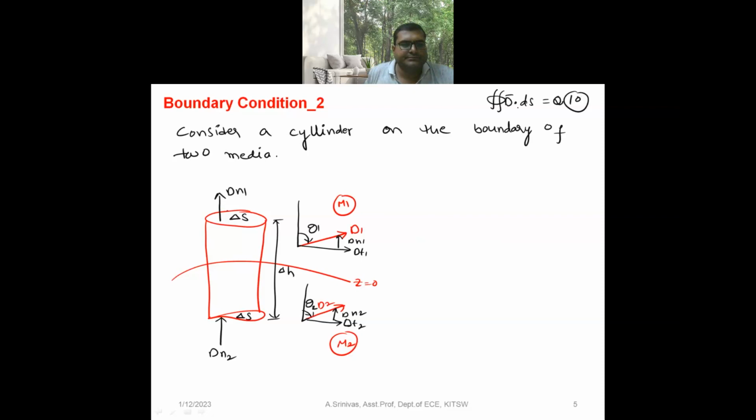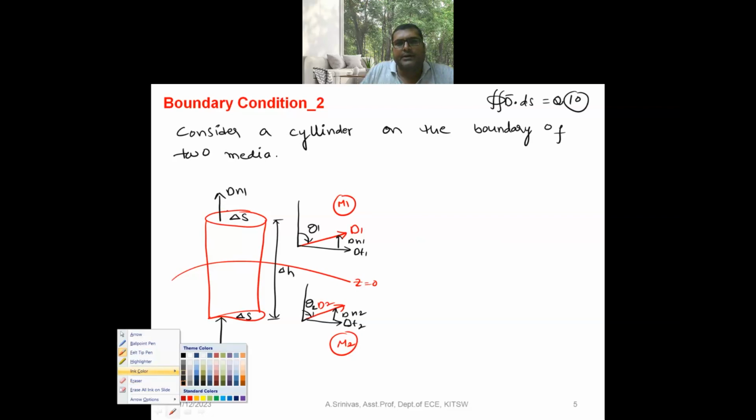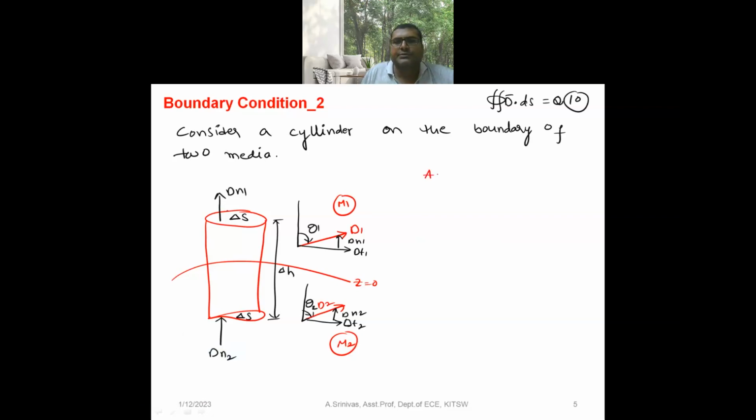In a closed surface, D dot dS is equal to Q, as delta h tends to 0. The cylinder becomes the boundary. Now, this can be written as Dn1 into delta s minus Dn2 into delta s is equal to Q. That is Dn1 minus Dn2 is equal to Q by delta s.